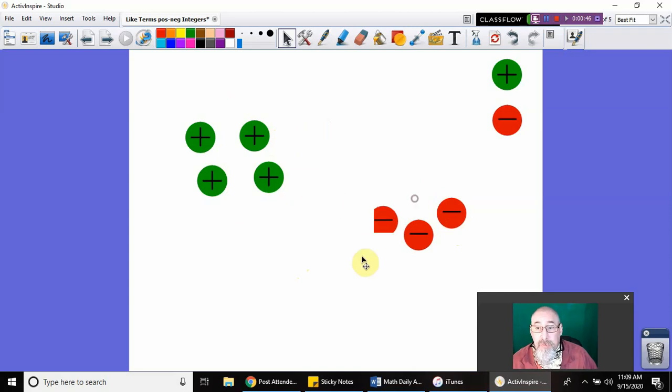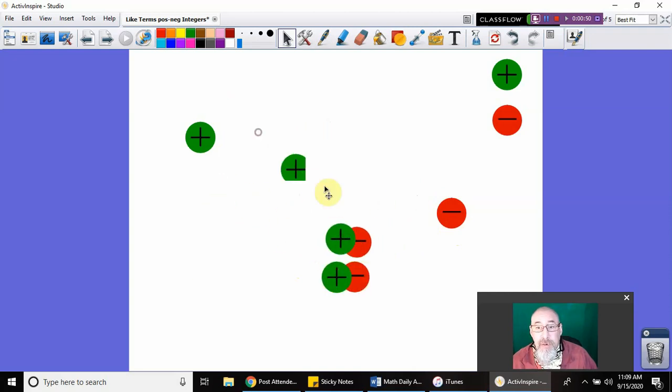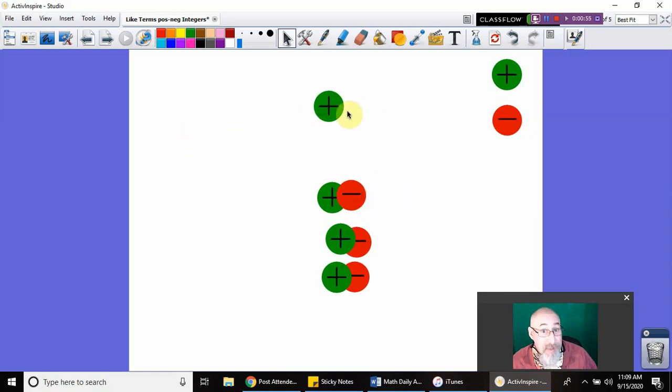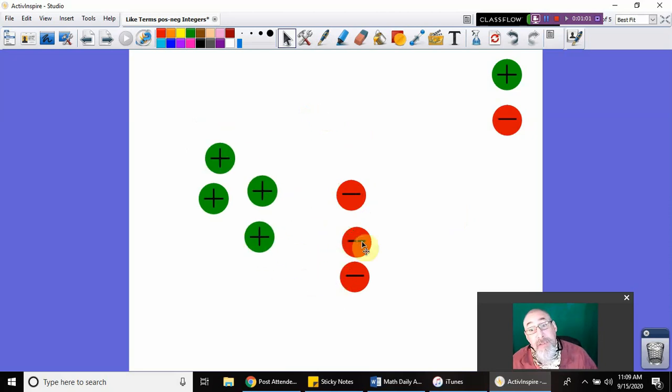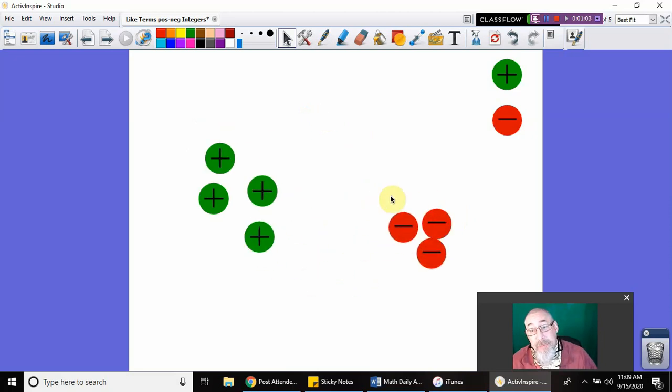And of course, if we do our chips so that they cancel each other out, we end up with a positive as our answer. So again, combining like terms is simply putting together the things that are similar, that have the same kind of thing. So a positive value and a negative value would be separated.